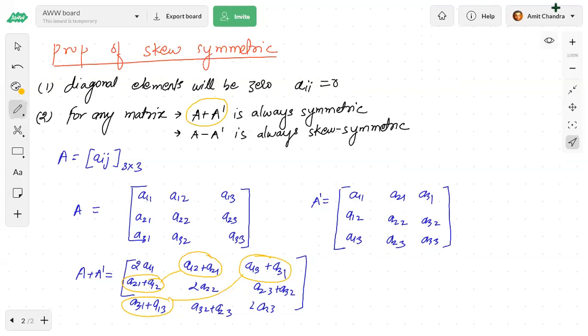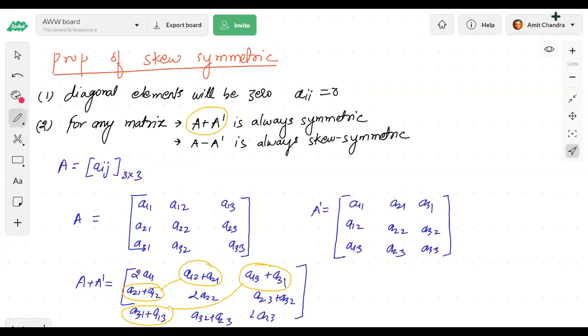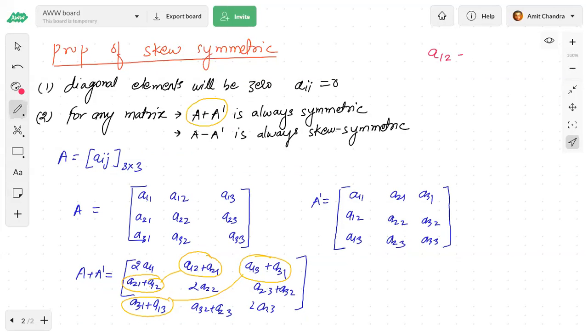If I write these two here and subtract, I will get A12 minus A21. This is this element, and you will have some element here, and here.